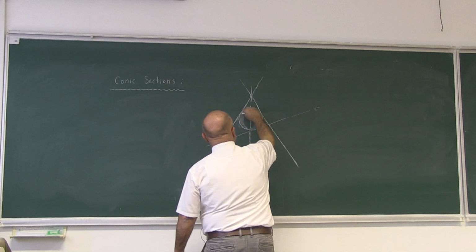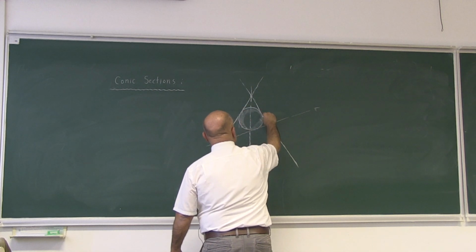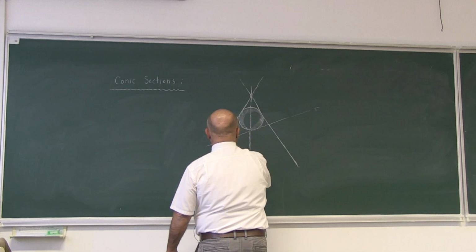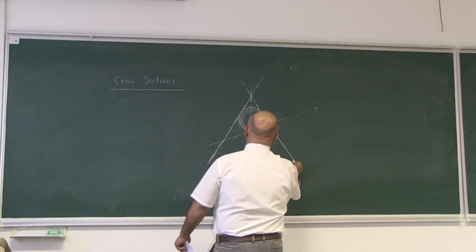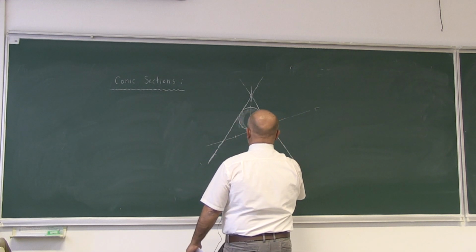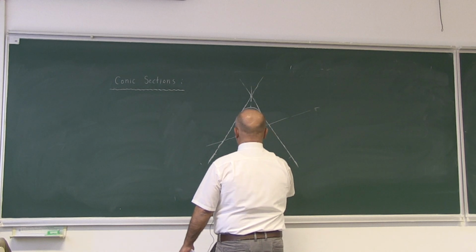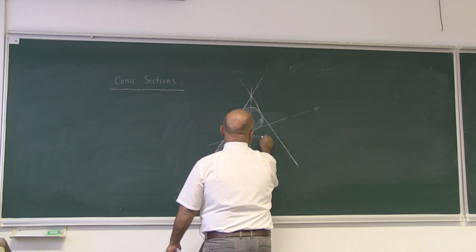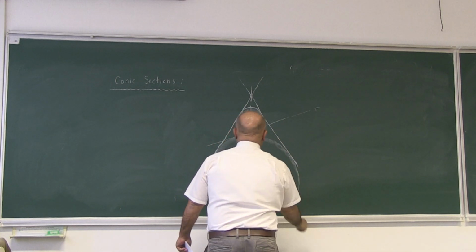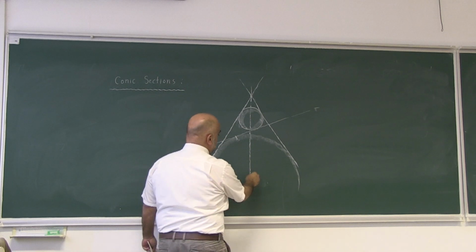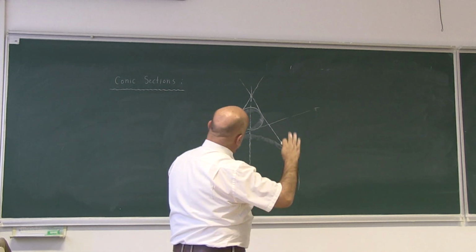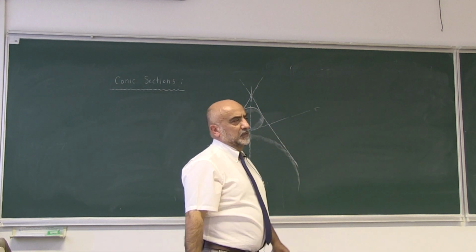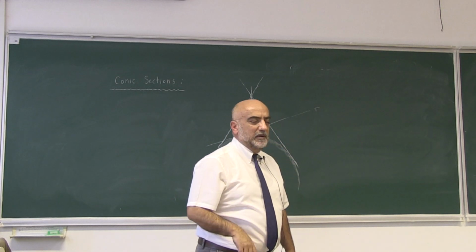So you've got this incircle, and you've got also the excircle. That's even more difficult to get right, but I shall try. Well, it's something more or less like this. Right, so that's essentially the configuration, if you look at it sideways.